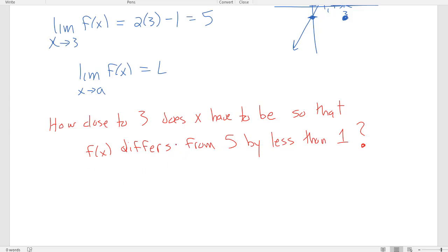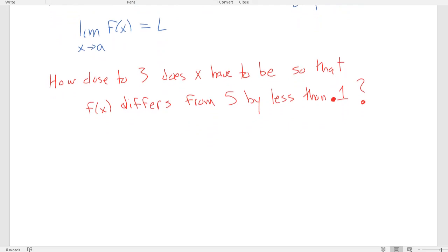How close to 3 does x have to be so that the y value, my output, differs from 5 by less than, let's say, 0.1. So this is my tolerance. I want to be within 0.1 units of the number 5, and I want to find out how close to 3 I have to be to make that work.